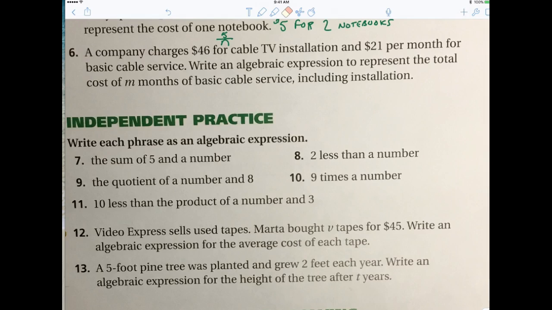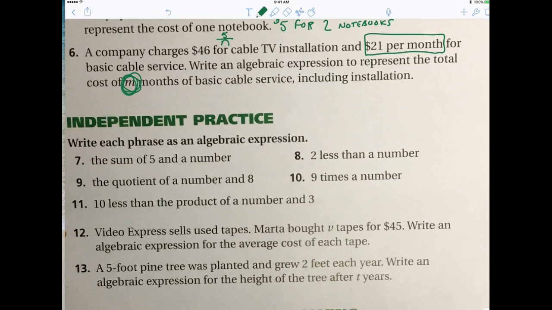What am I adding? 46 plus 21? But it's 21 per what? Month. And how many months is it going to be for? M. The total bill is 21 plus M?